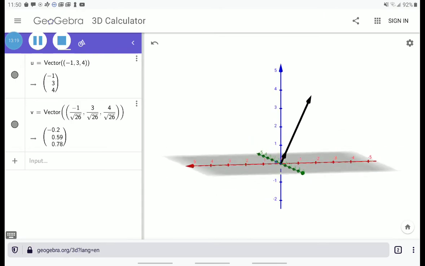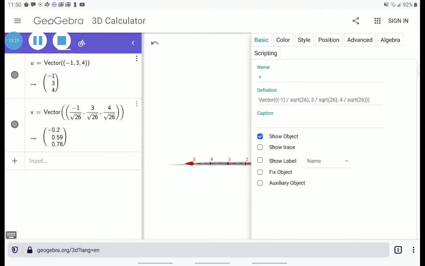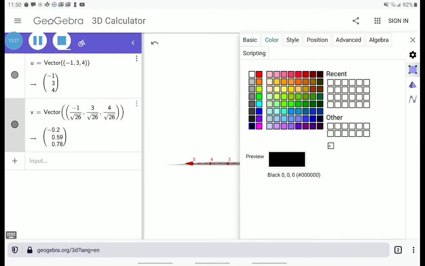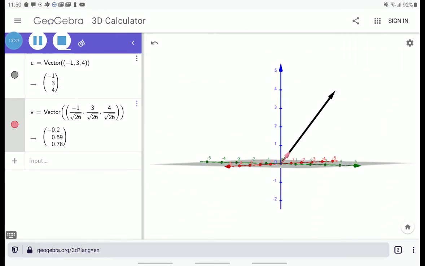So there's our unit vector right there. I'm going to change the color, maybe, if it lets me. There it is. So you can see it's right on top of that black vector, and it's much smaller because it's going to have a length of 1.